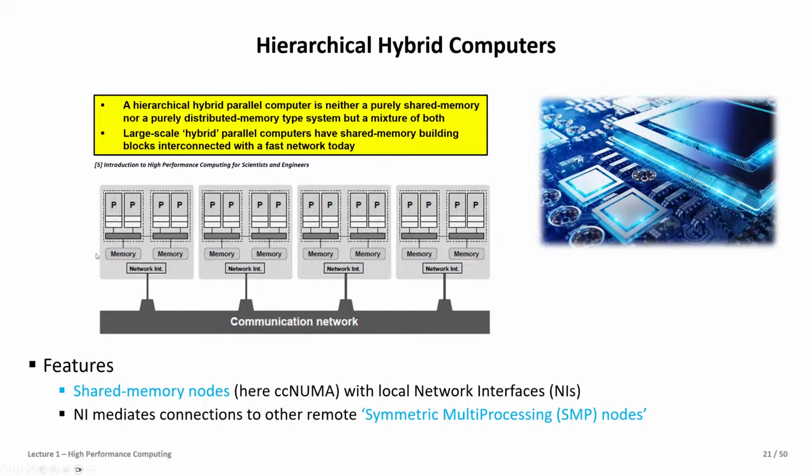So in this hybrid computing today, you do shared memory programming inside a node, but every time you want to communicate and work together with another node, you have to use MPI. So you use distributed memory programming across the nodes, but shared memory programming within the nodes.